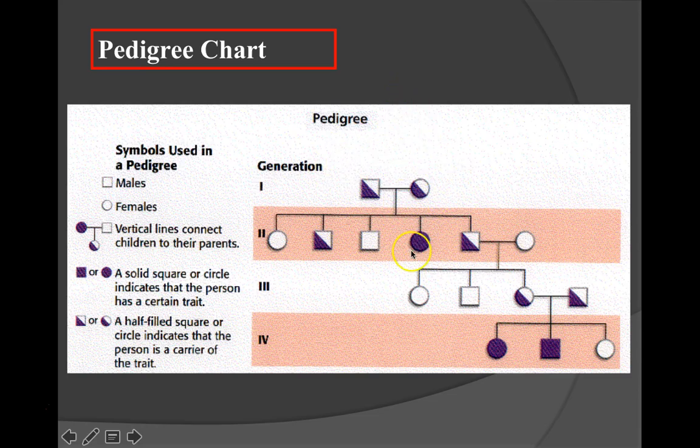There's only one fully shaded person here, missing a generation here, and then fully shaded individuals down here. So what this tells me is that, because there are females here and a male here that are completely affected, this is an autosomal recessive trait. Recessive traits skip at least one generation. And again, carriers don't count because they don't fully show the trait.